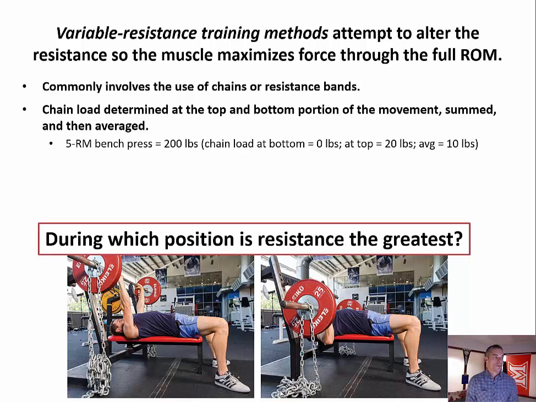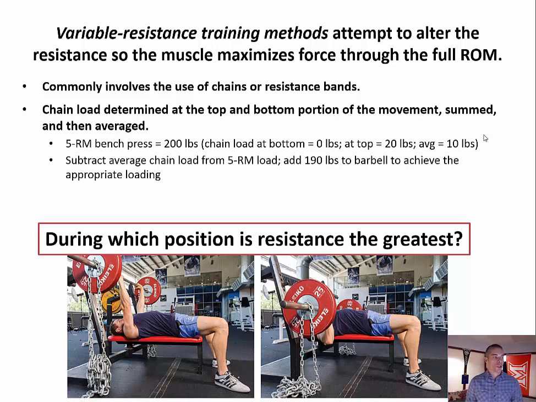So for example, if we have an individual who has a 5 RM bench press of 200 pounds, then the chain load at the bottom of that movement, as you see over here on the right side, would be 0, because again, the chain is not adding additional resistance to the bar in that down movement or at the bottom. And at the top, the chain exerts a resistance of 20 pounds. So we have the bottom of 0 pounds, the top of 20 pounds. Therefore, the average here is going to be 10 pounds.